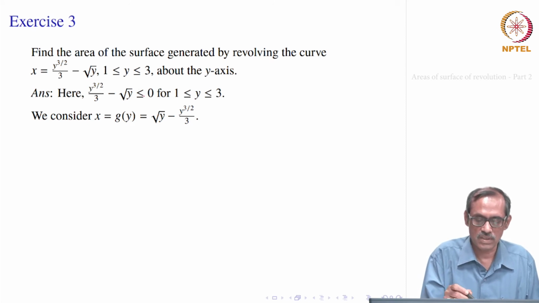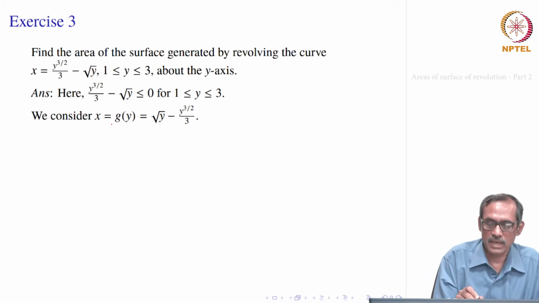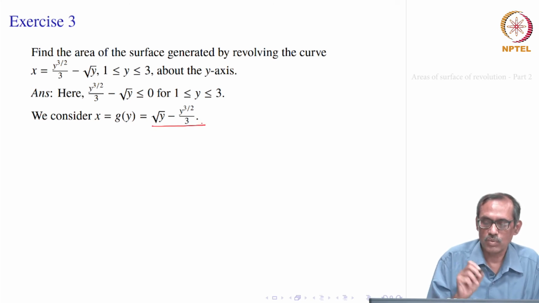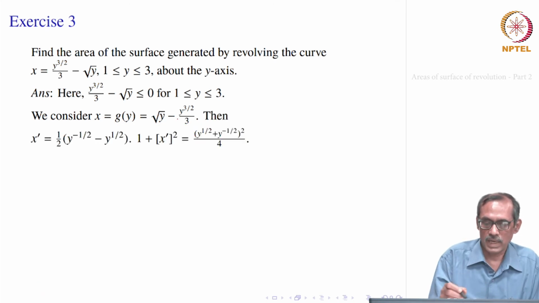So, we consider its negative, that is x equal to minus g of y. So, here we take x equal to g of y as minus of that, which is root y minus y to the power 3 by 2 divided by 3. Had you not taken it, we would have got a negative answer, but it should be the same in absolute value. So, we consider this square root of y minus y to the power 3 by 2 by 3.